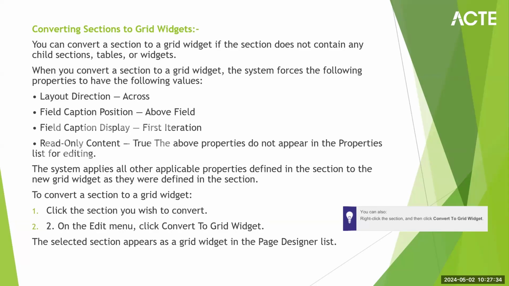When you convert the section to a grid wizard, the system forces the following properties: layout direction across, field caption position above field, field caption display fast iteration, read-only content. So these properties are applied while converting that section to a grid wizard.